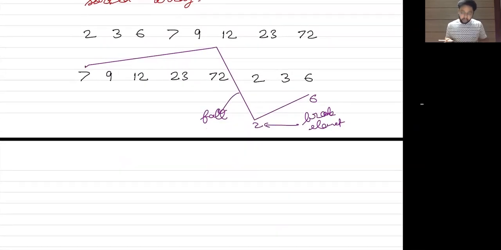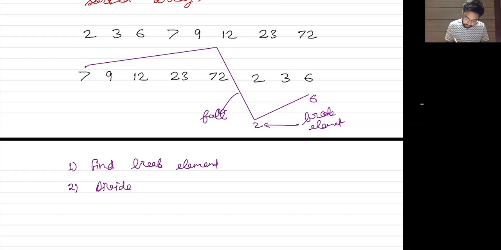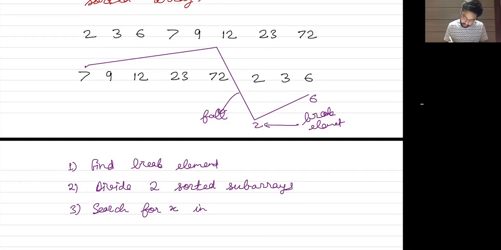All right, so one approach is, let's say I find this break element, and then I divide the array into two sorted sub-arrays, and then I can search for X in the sub-arrays using binary search, right?